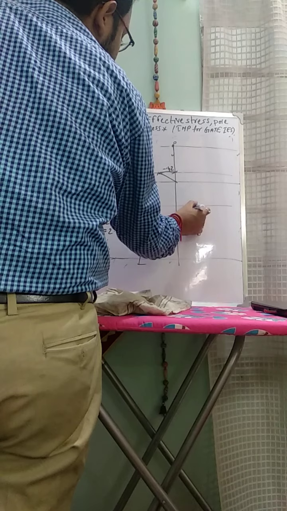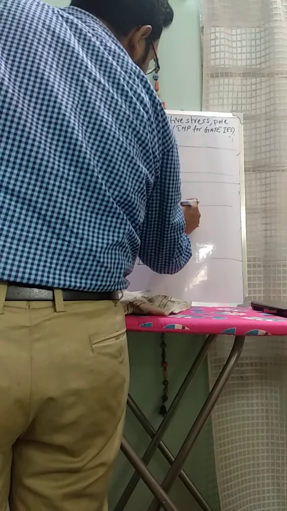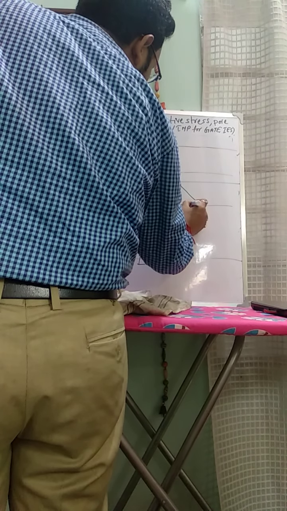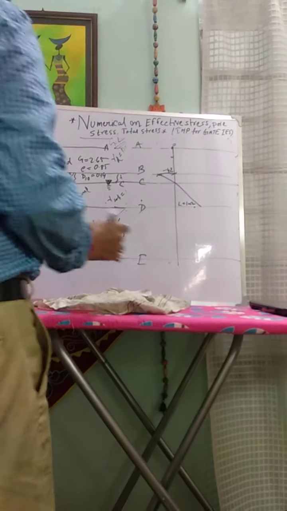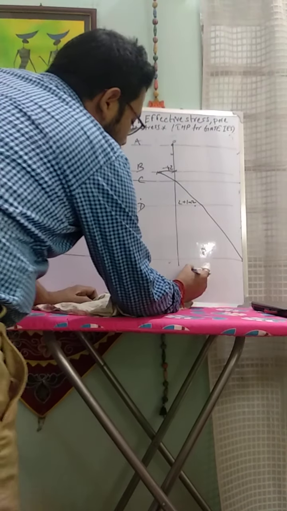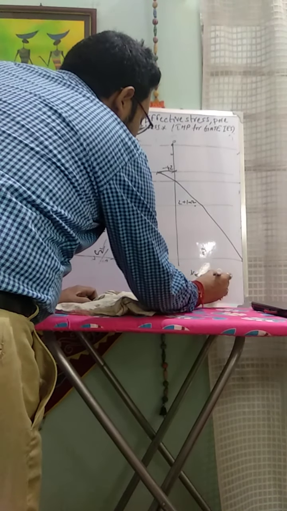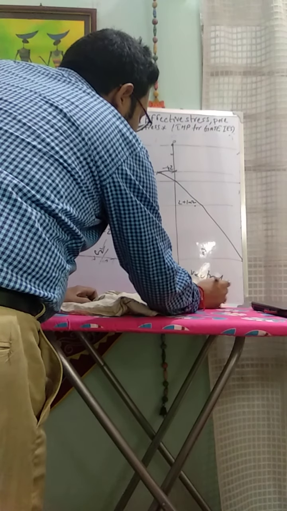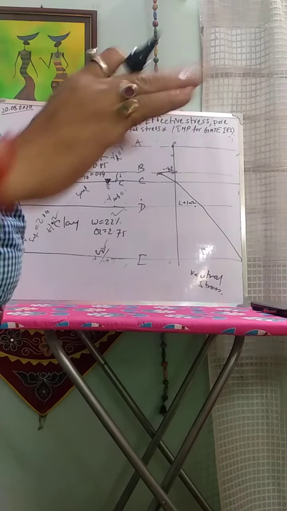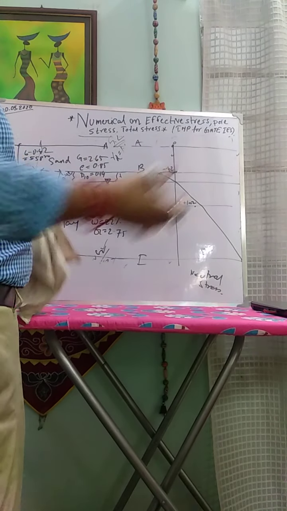At D that is 2 ton per meter square and at E that is 8. This is the diagram for neutral stress. Okay, the first diagram is complete. Now the second diagram.